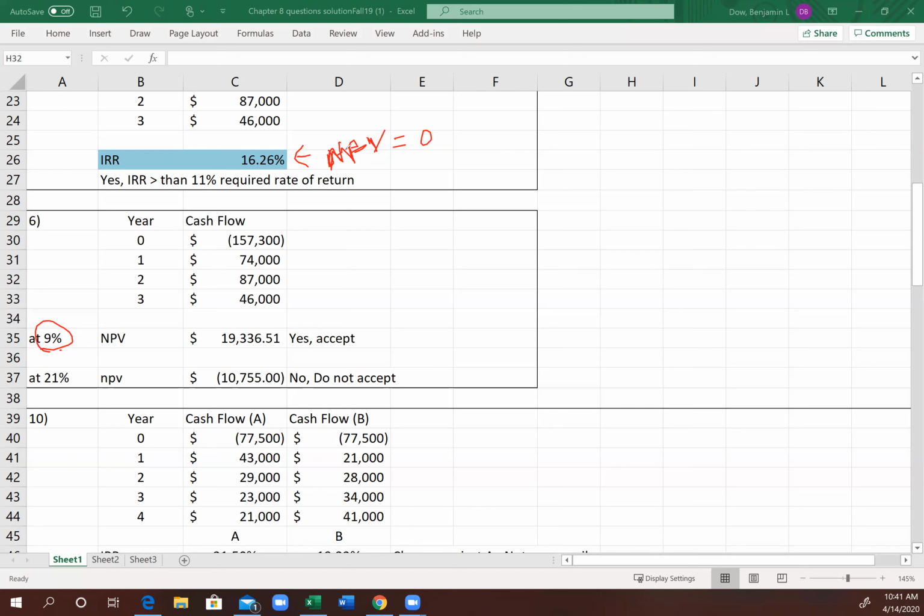That's the discount rate that makes the net present value equal to 0. So at 9%, I'll have a positive net present value, and at 21%, I'll have a negative net present value.